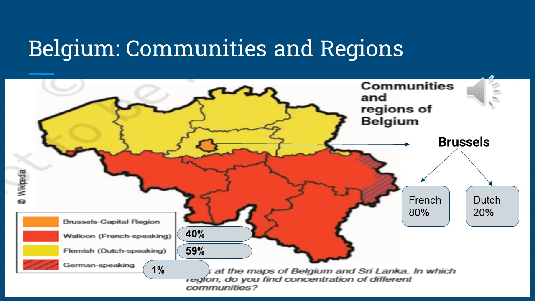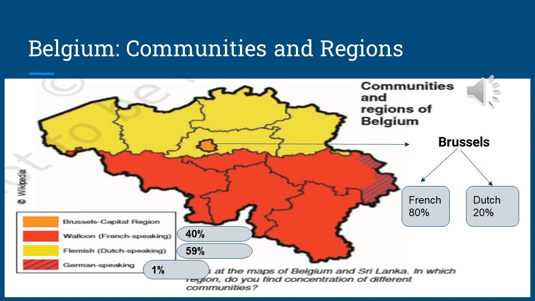The yellow region at the top is called the Flemish region, and it is a Dutch speaking region. The population of Dutch speaking people is 59% of the total population of Belgium. Southwards you can see the Wallonian region.